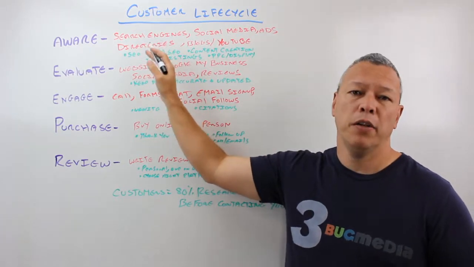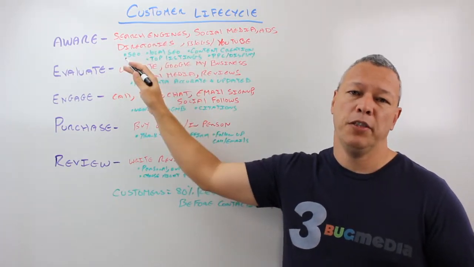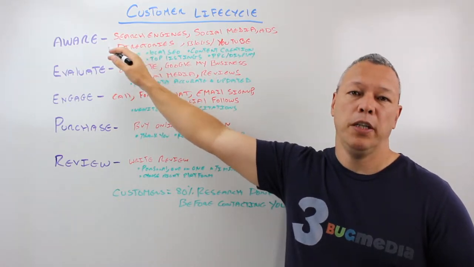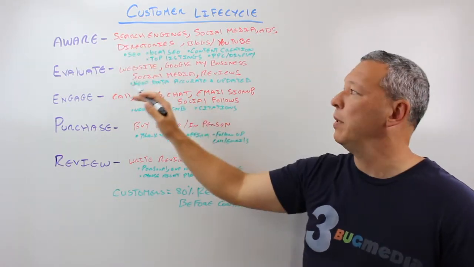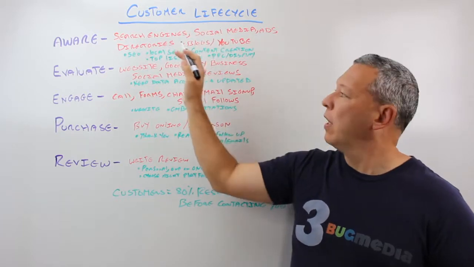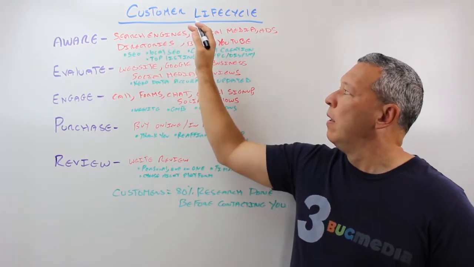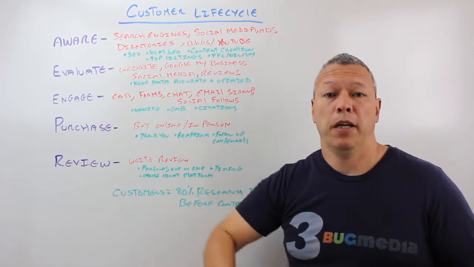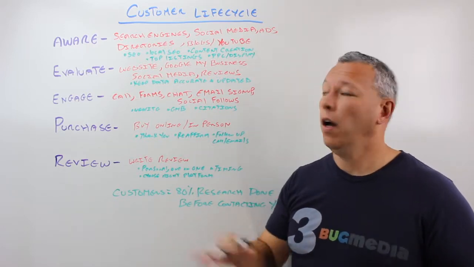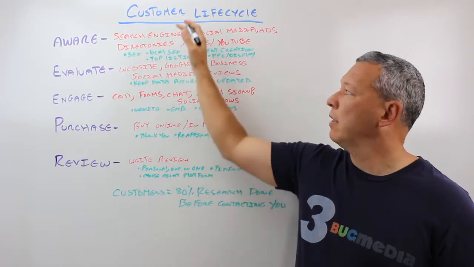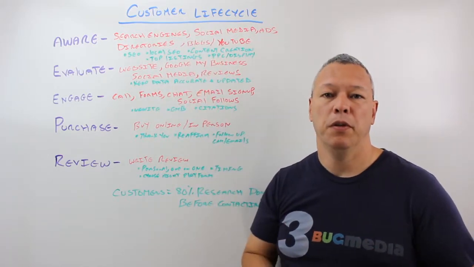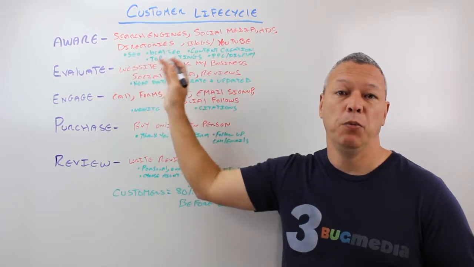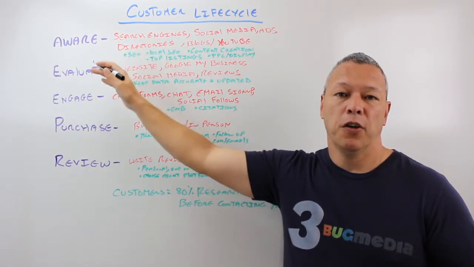Make sure you've claimed your listing and all your information is accurate, so if somebody searches via a directory, maybe on Yelp, they can find your business. And if you're doing content creation through blogs or creating videos like this one that's going to go on YouTube, make sure you share it on social media so people can find you. These are some of the ways people will be able to find you when they start looking.